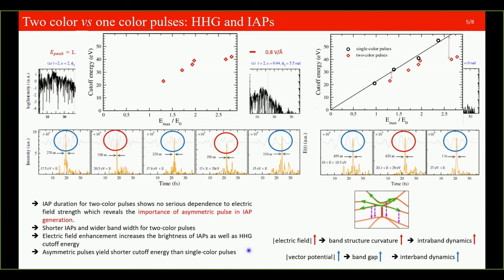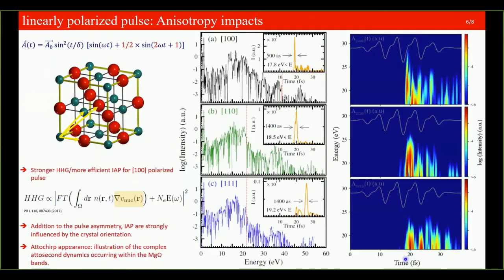For example, when the electric field increases, it increases the band structure curvature, and as a result, the intraband dynamics increase. But when the vector potential increases, the band gap increases, and as a result the interband contribution increases.